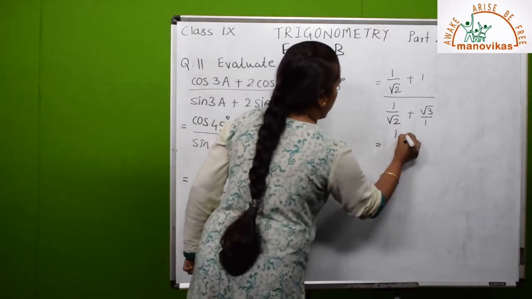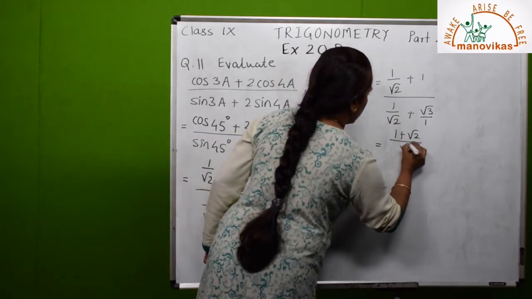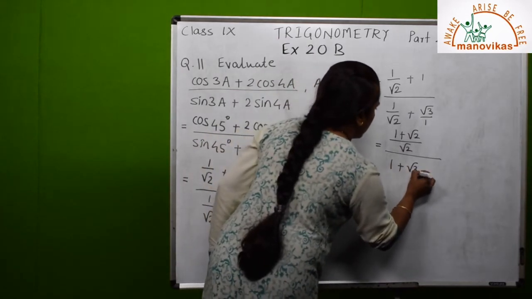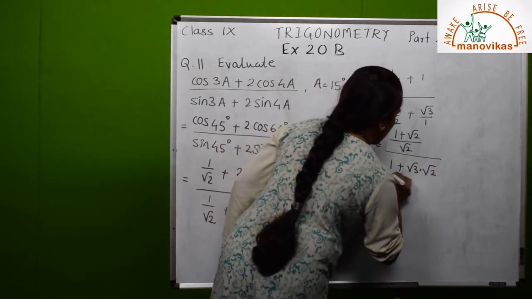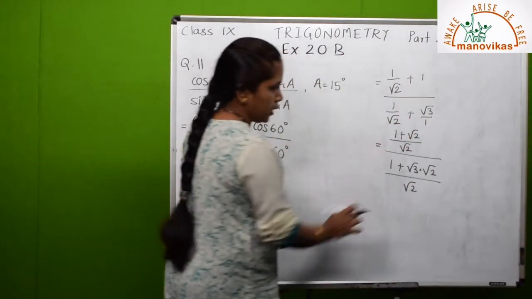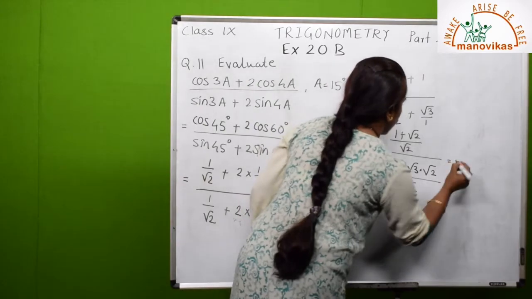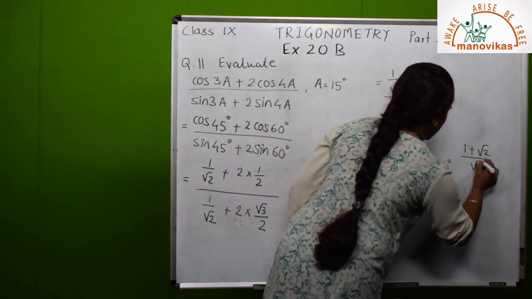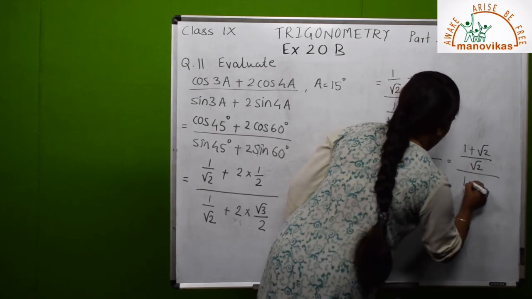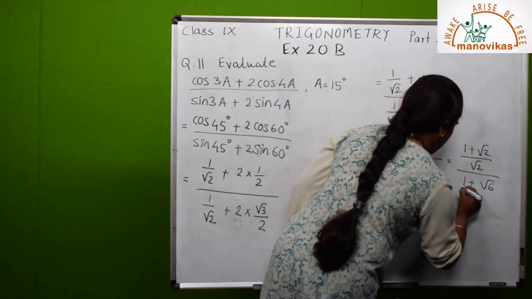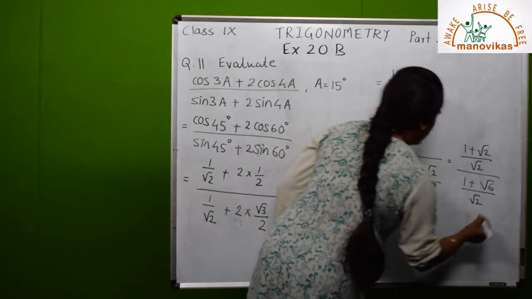So here (1 plus root 2) upon root 2 divided by (1 plus root 3 into root 2) upon root 2. Cross multiply, you will get the addition. So which is equal to (1 plus root 2) upon root 2 divided by (1 plus root 3 into root 2, which is root 6) divided by root 2.